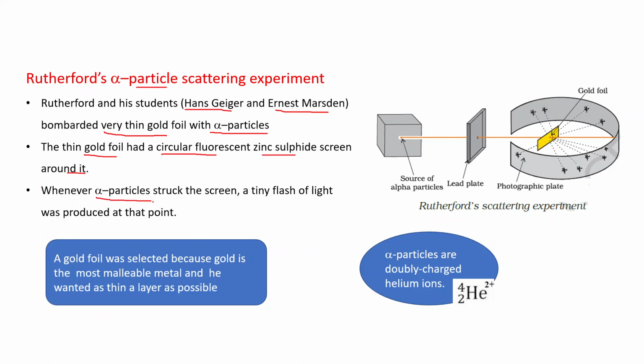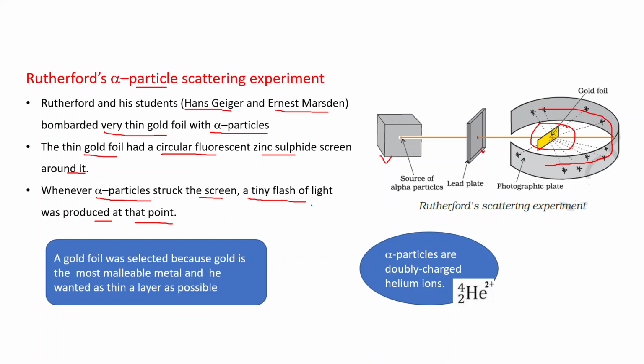Whenever alpha particles struck the screen, a tiny flash of light was produced at that point. You can see the setup of this experiment. This is the source of alpha particles, and these are passed through the hole of this lead plate. This is the thin gold foil, and this is a circular fluorescent zinc sulfide screen.